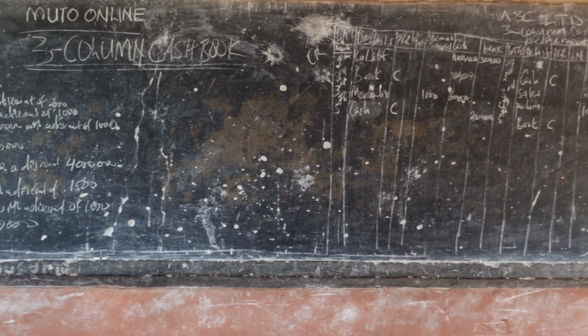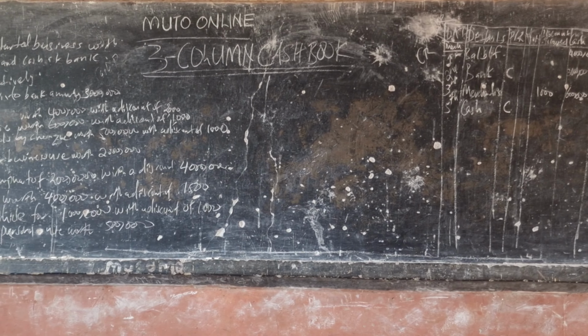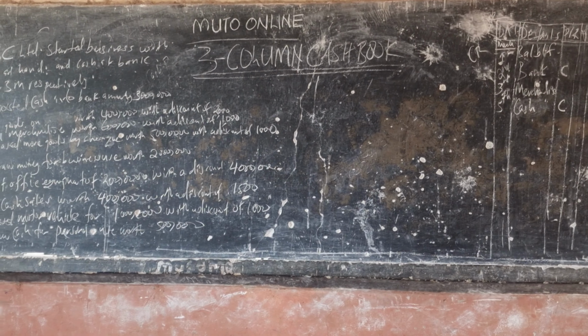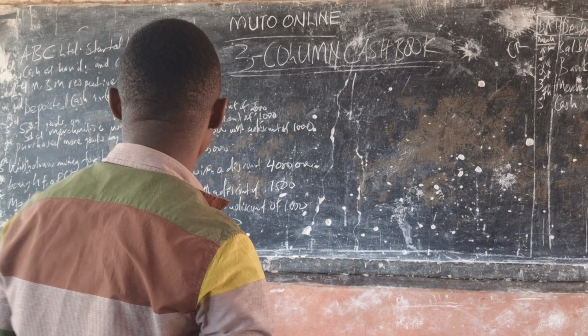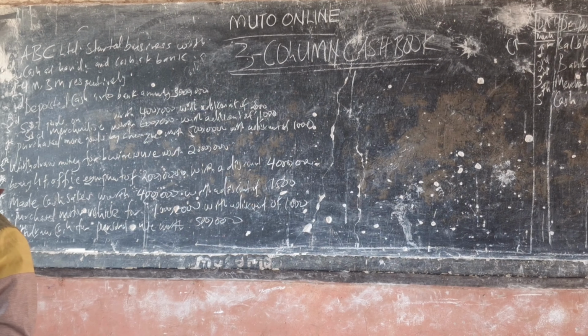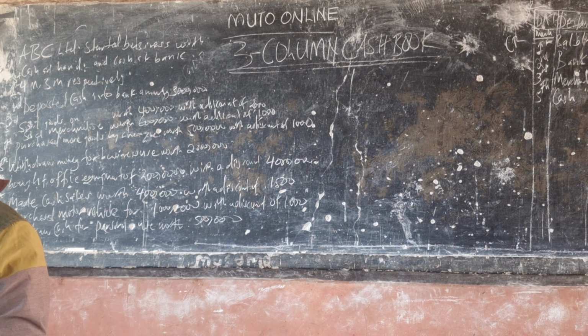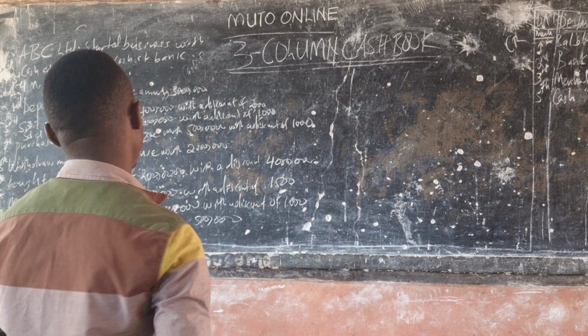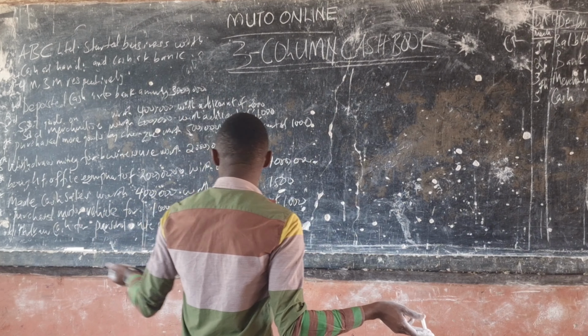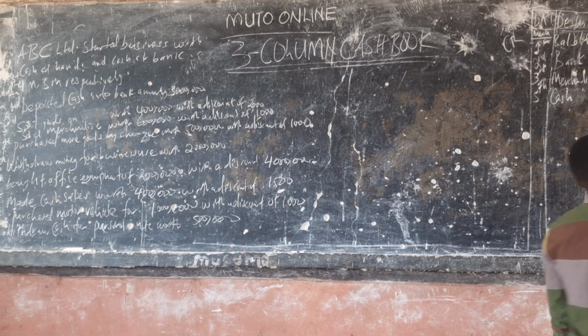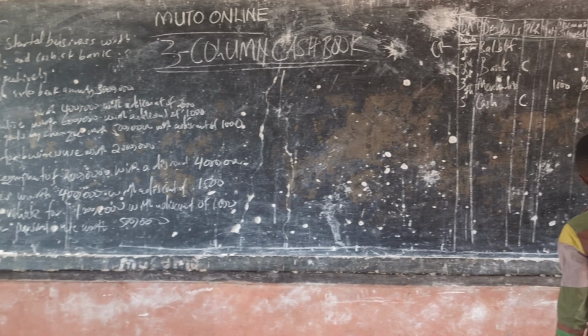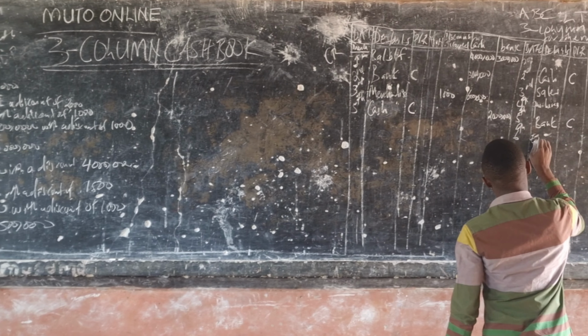Then on the 6th, bought office equipment worth 200,000 with a discount of 4,000. These are purchases, but this purchase was made into equipment.